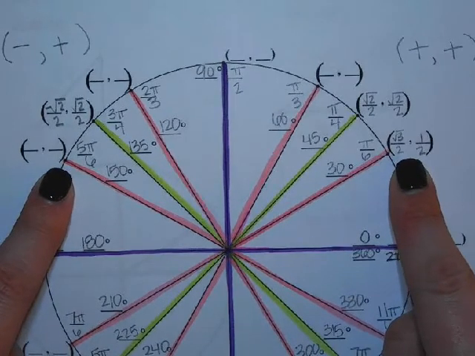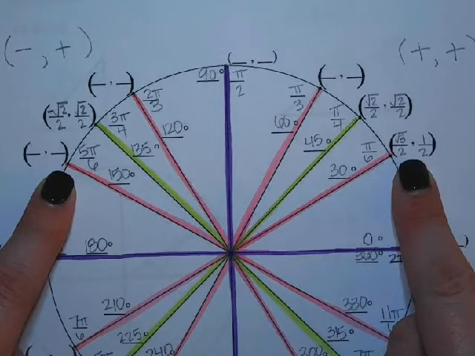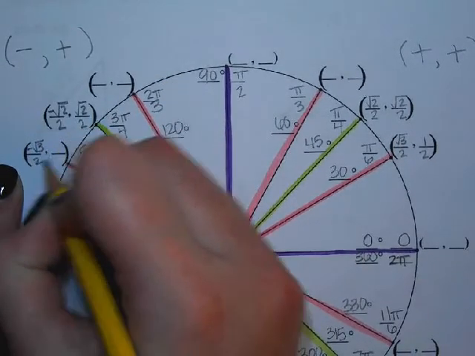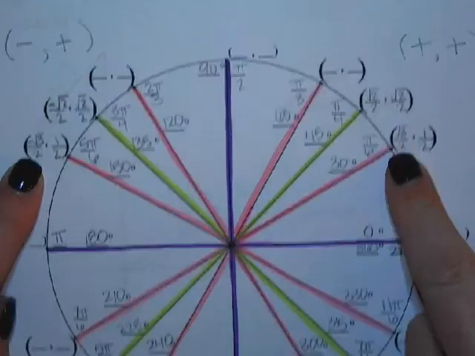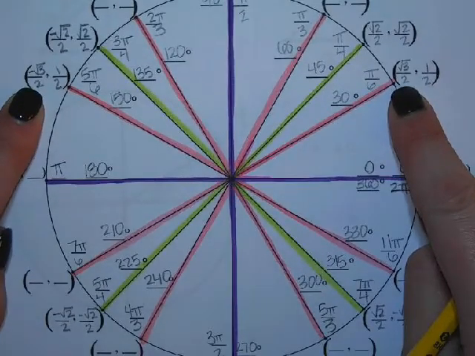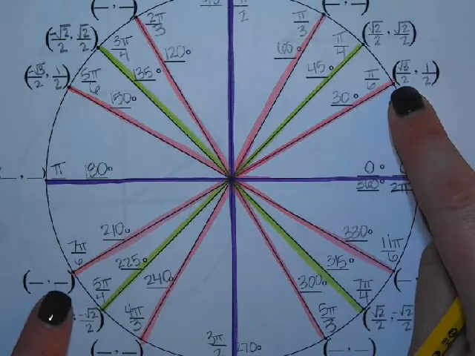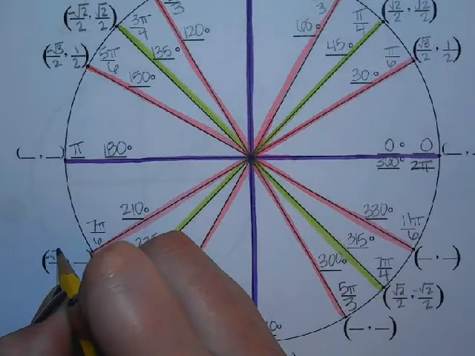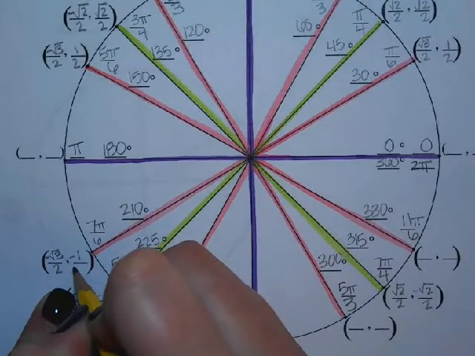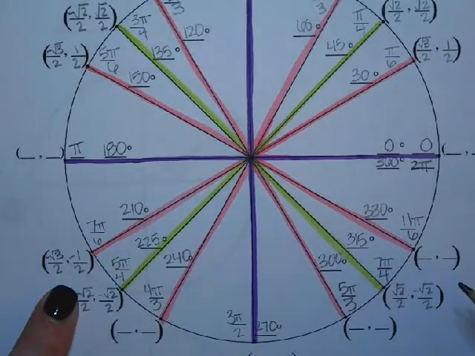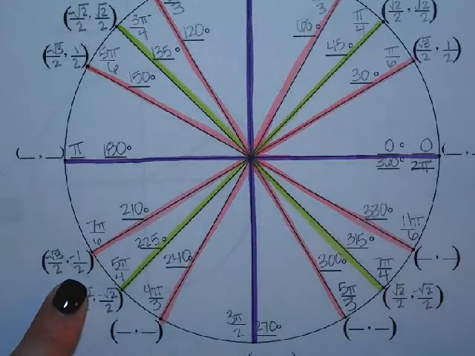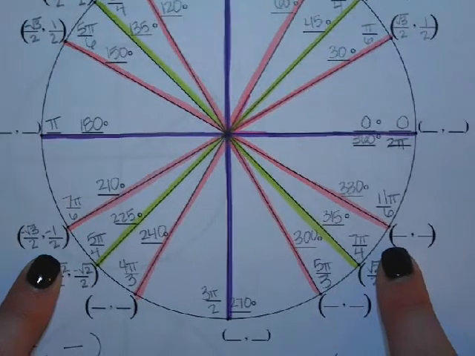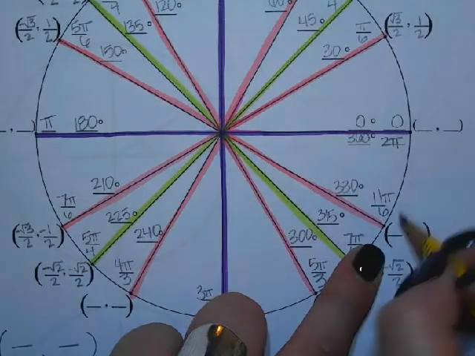And then this one over here is negative root 3 over 2, 1 over 2. And then this one right here is negative root 3 over 2, negative 1 over 2. Oh, shoot. I wrote that wrong.